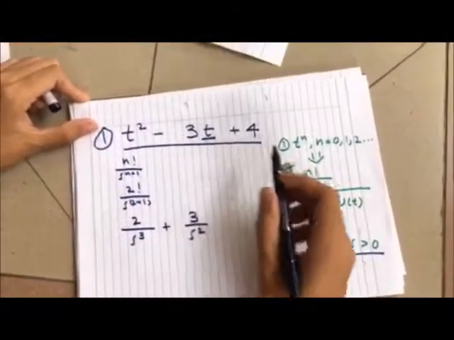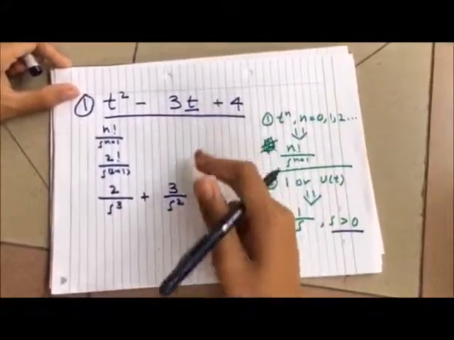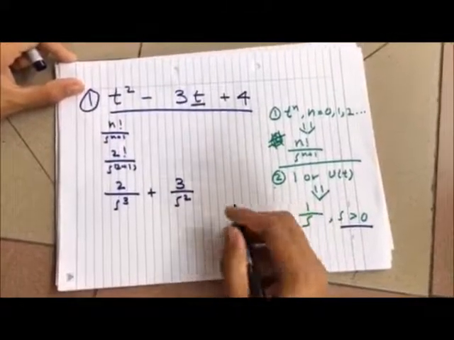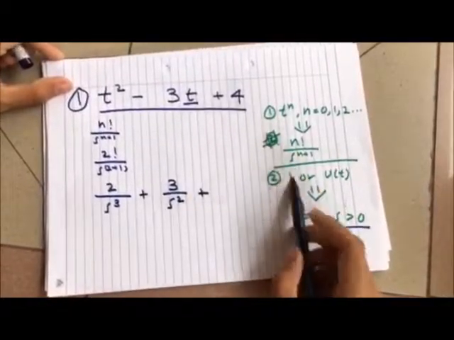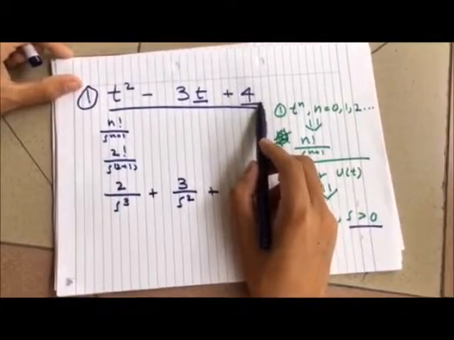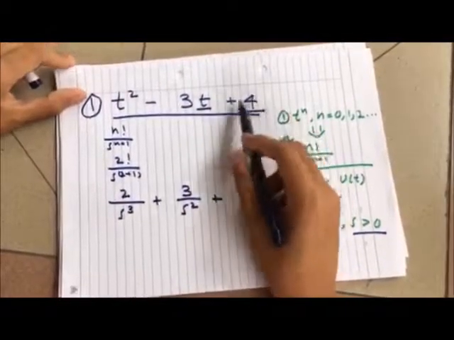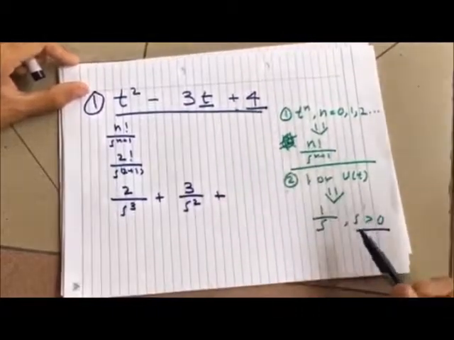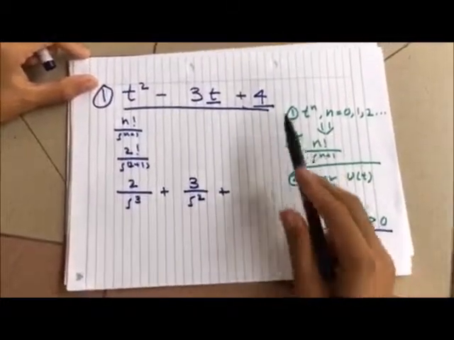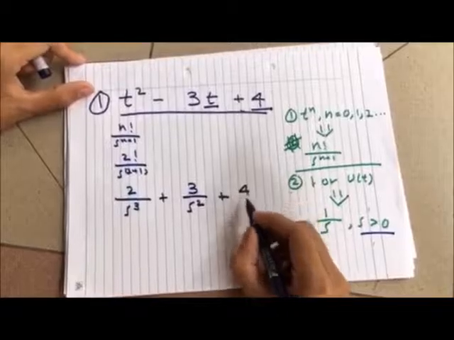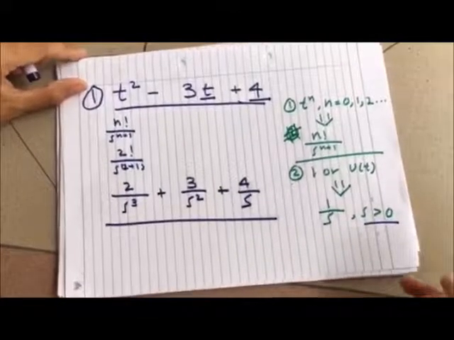Since there's already a t, this counts as an s, so you add another s to it. And last, a non-algebraic but constant number, when you Laplace it, it will just be 4 over s. That's how you do the first question.